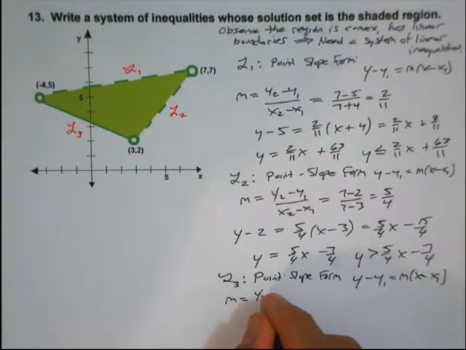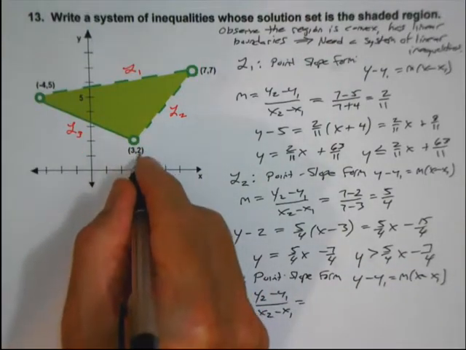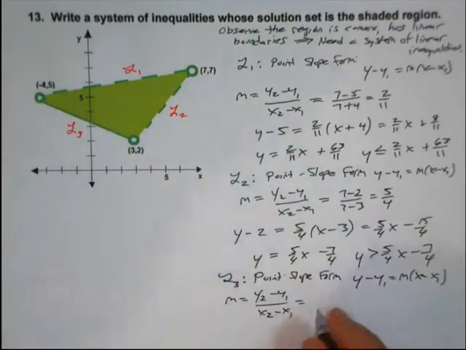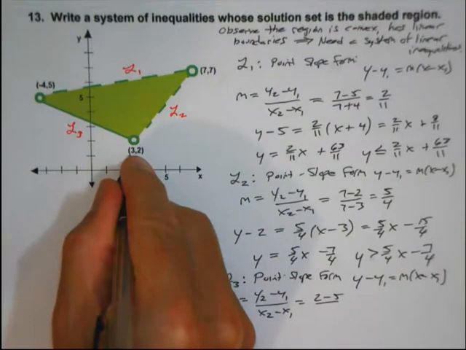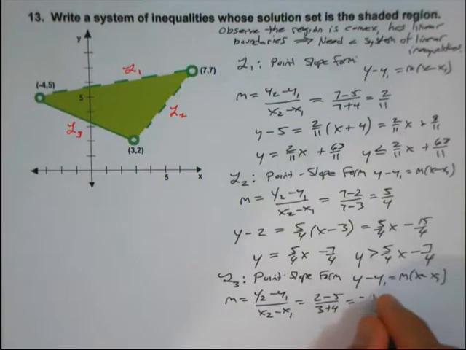Again, we can go with y sub 2 minus y sub 1 over x sub 2 minus x sub 1. That would be, in this case, 2 minus 5 over 3 minus negative 4. That's plus 4. This gives us negative 3 over 7.